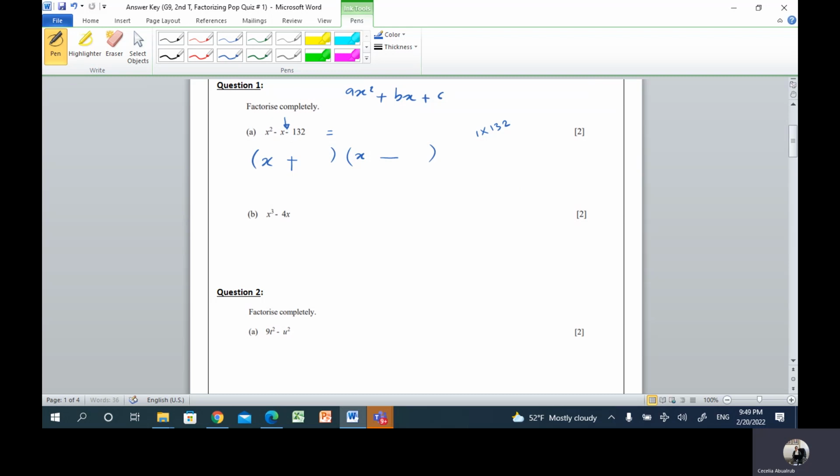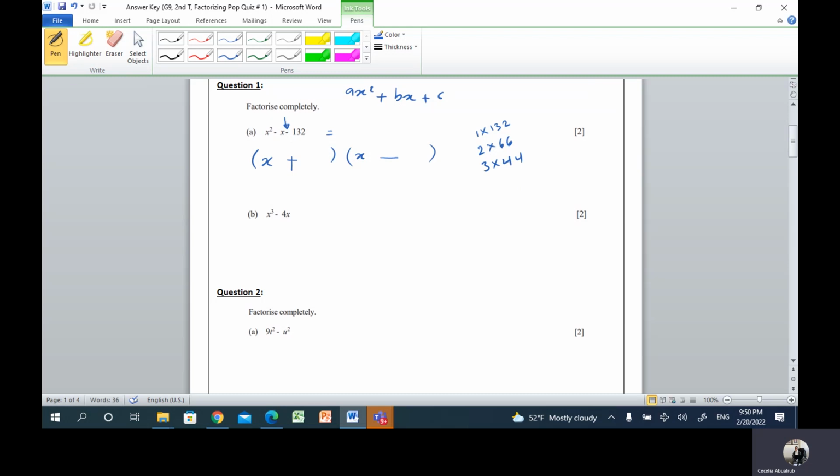So 1 times 132, then 132 divided by 2, so 2 times 66, and 132 divided by 3, so 3 times 44.